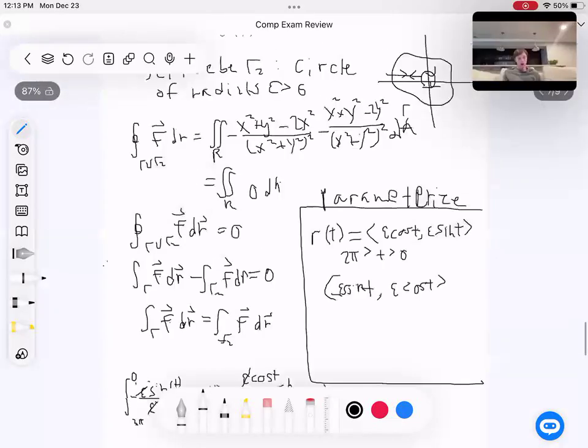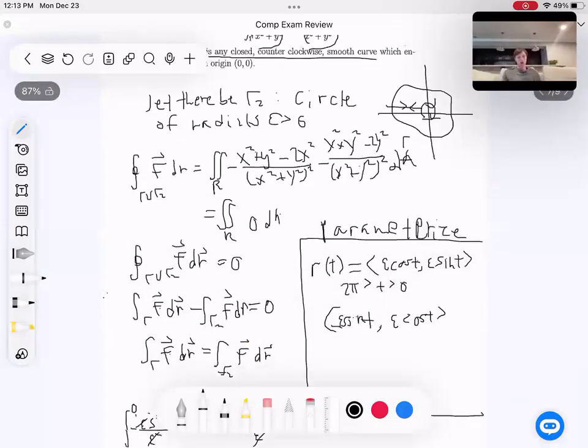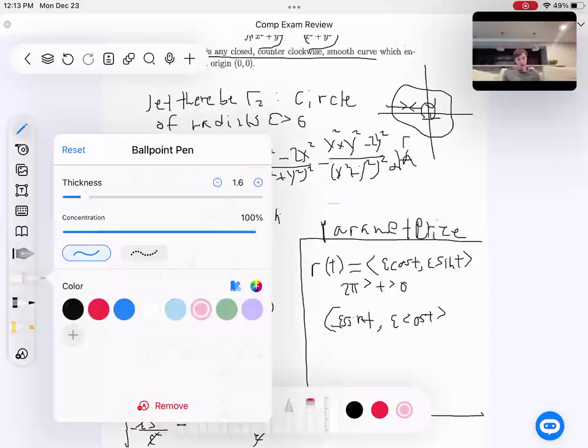So to summarize what we did, and I know that this is quite an involved problem, instead of finding a parameterization for gamma, because it's a very general curve, we don't have one, we are going to cut out the origin and create this region on which we can do Green's theorem. We see that all of this stuff collapses to zero. Let me highlight what collapses to zero in pink.